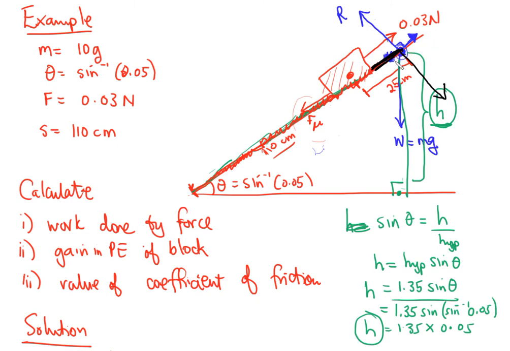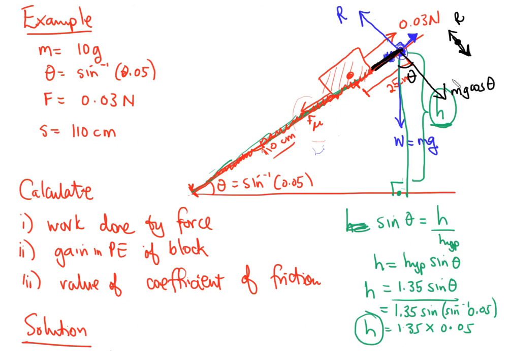So if we resolve our forces in this direction, we're going to have reaction on this side pulling the object. And what is pulling it on the opposite side to the reaction? It is the component of the weight. So let's resolve our component. There's an angle equal to theta, so this is then going to be mg cos theta.